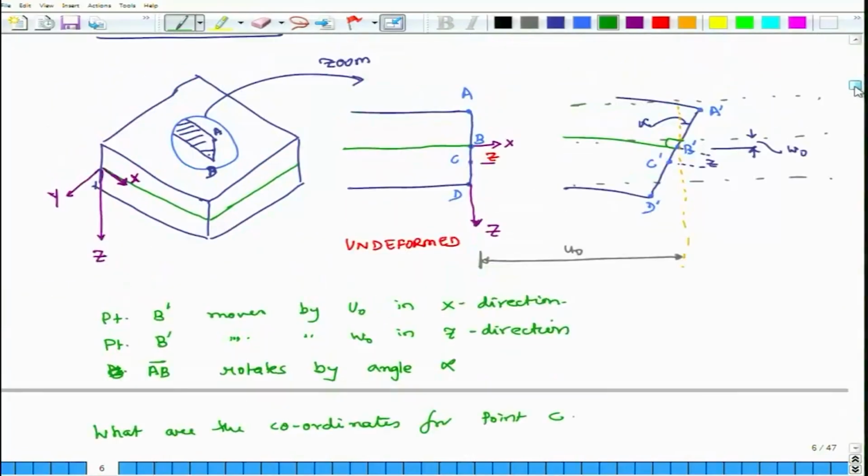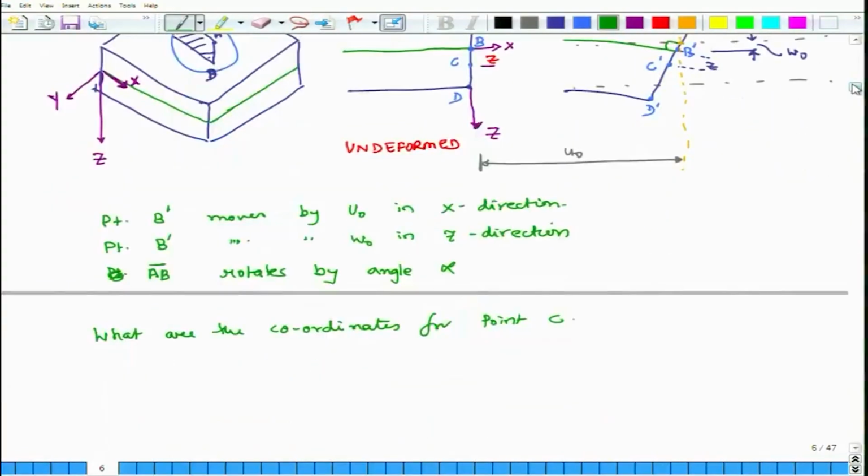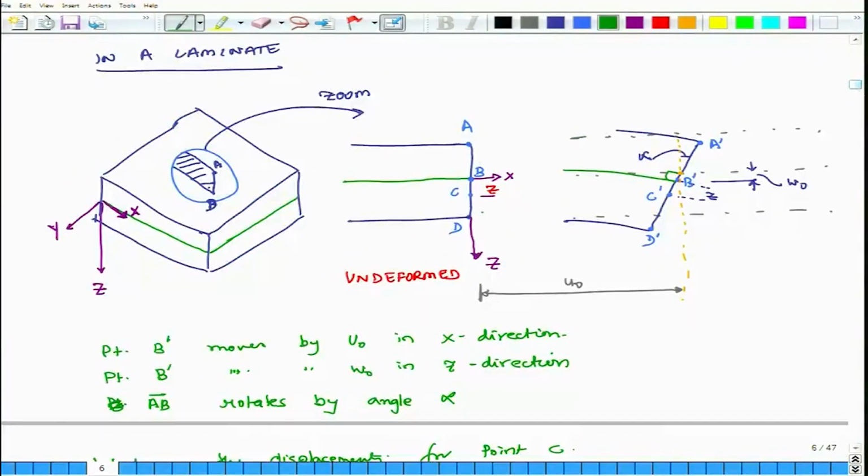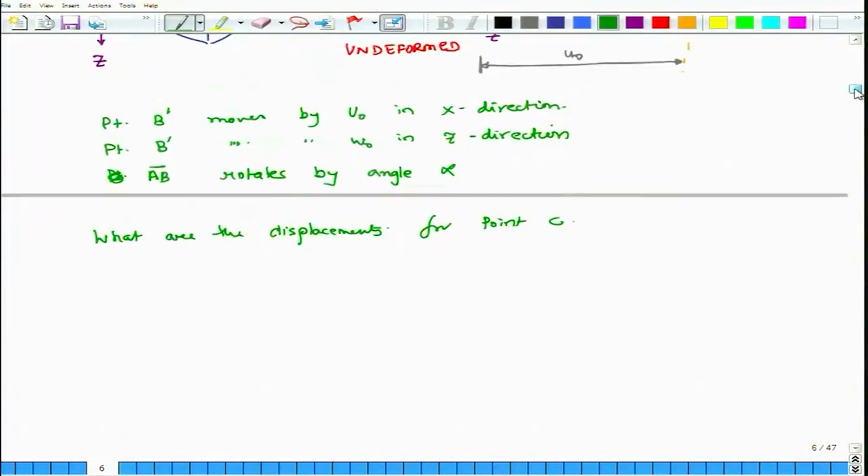We want to calculate the coordinates of point C, or actually I will not call it, what are the displacements for point C, not coordinates, because what we are really interested in is displacements. And point C is any point lying on line AB, and it is z millimeters or meters off from the midplane. Okay. So, we want to figure that out.